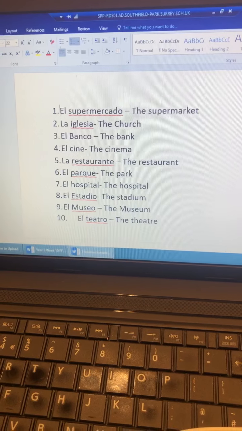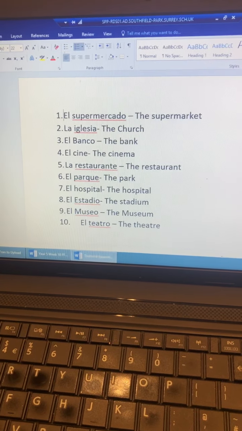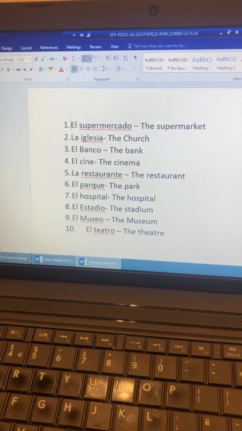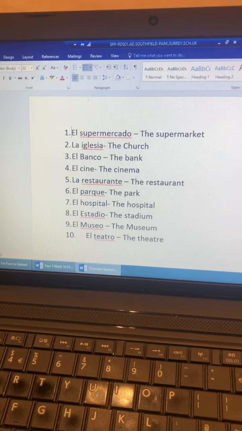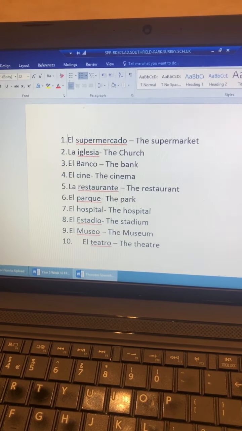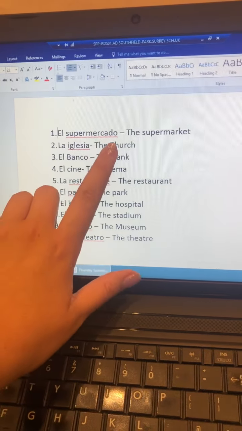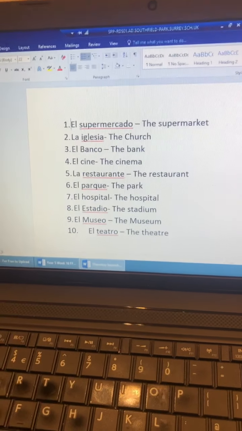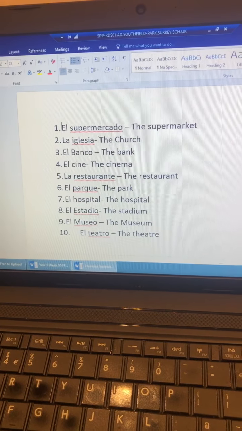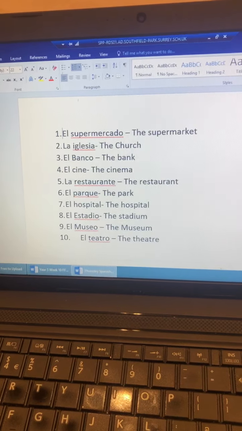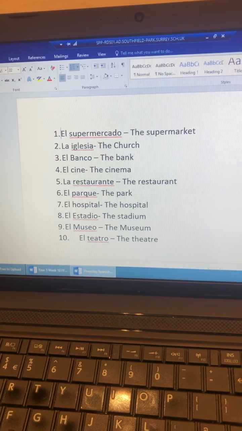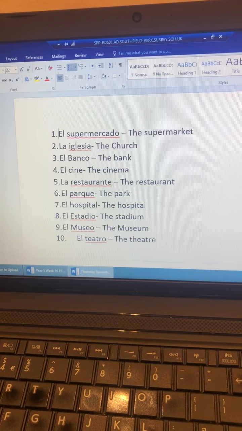So the first one is el supermercado. El supermercado. And that is the supermarket. And you'll notice that in the supermarket there is a D, and that is quite a soft D. It's not "el supermercado" with a hard D, it's very soft.